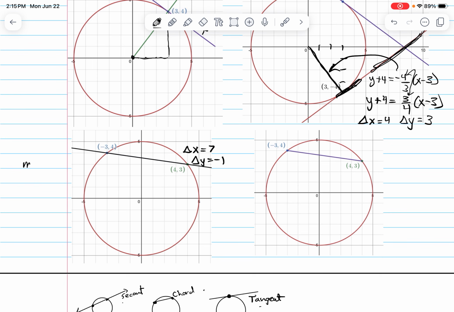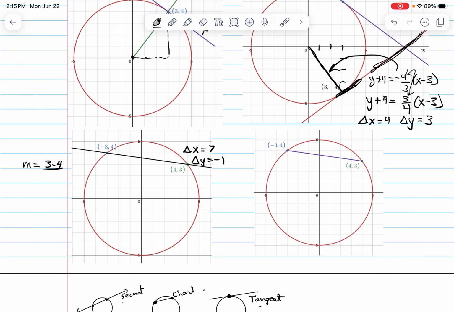Now you could get the slope. I could calculate the slope. I could say, okay, I'm going to take 4 minus a negative 3 over, actually, it's changing y over the change in x. So actually this is going to be 3 minus 4.